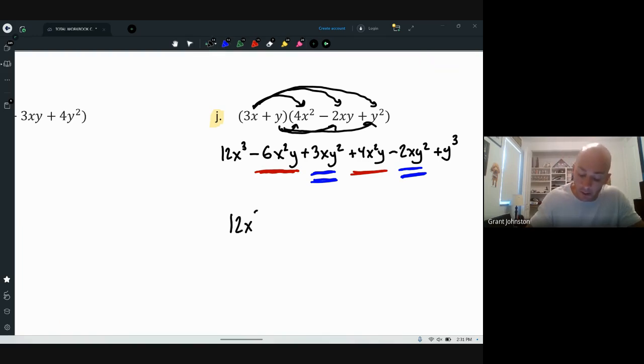So I'll have a 12x to the third. Negative 6x squared y plus 4x squared y would be negative 2x squared y. 3xy squared, take away 2xy squared would just be positive 1xy squared. And then you still have your y to the third.